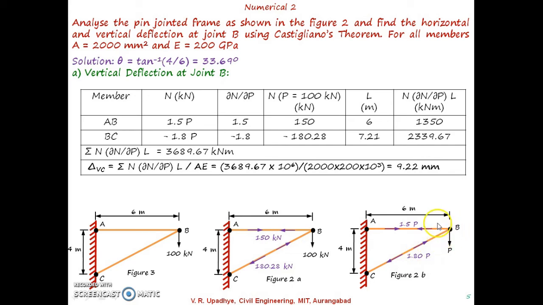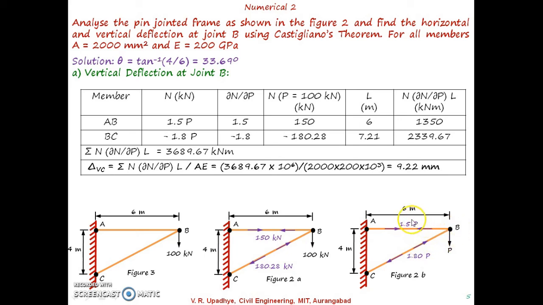Then if we consider summation Fx equal to 0 at joint B, the member force in member AB must be equal to the horizontal component of member force in member CB. So FAB must be opposite to that, and member BA must be in tension, with magnitude 1.8 P multiplied with cos of 33.69.